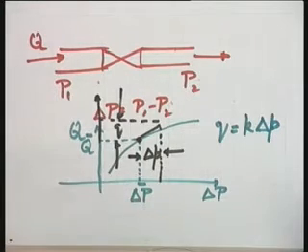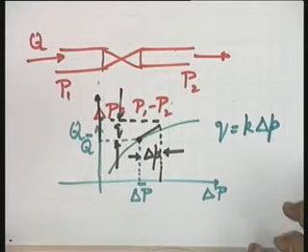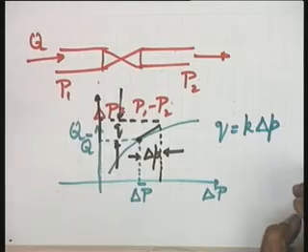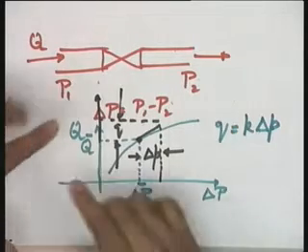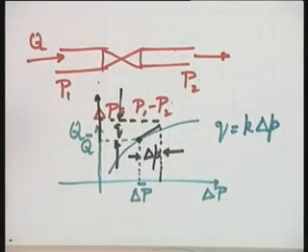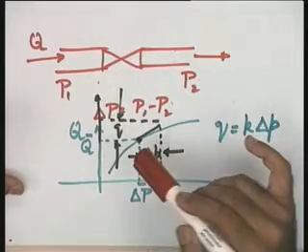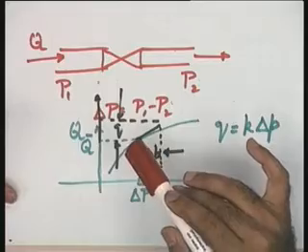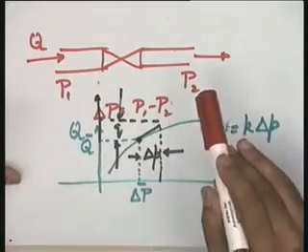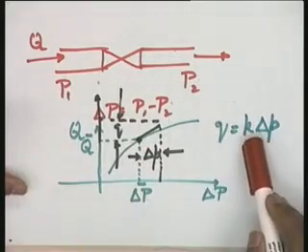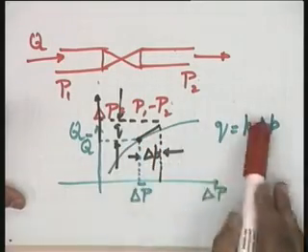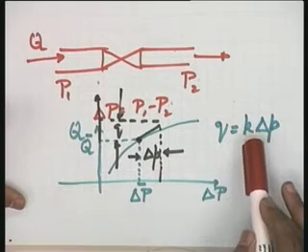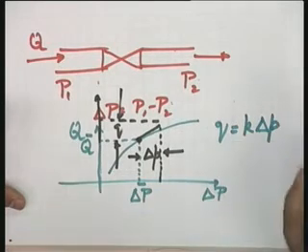I hope this is okay, that for any situation where restriction to flow takes place, this particular curve is actually supplied by the manufacturer of the equipment. The user need not go for this. This is the data. The manufacturer normally conducts these experiments and gives you not the value of k, but rather the entire curve, because the value of k will depend upon your operating point.